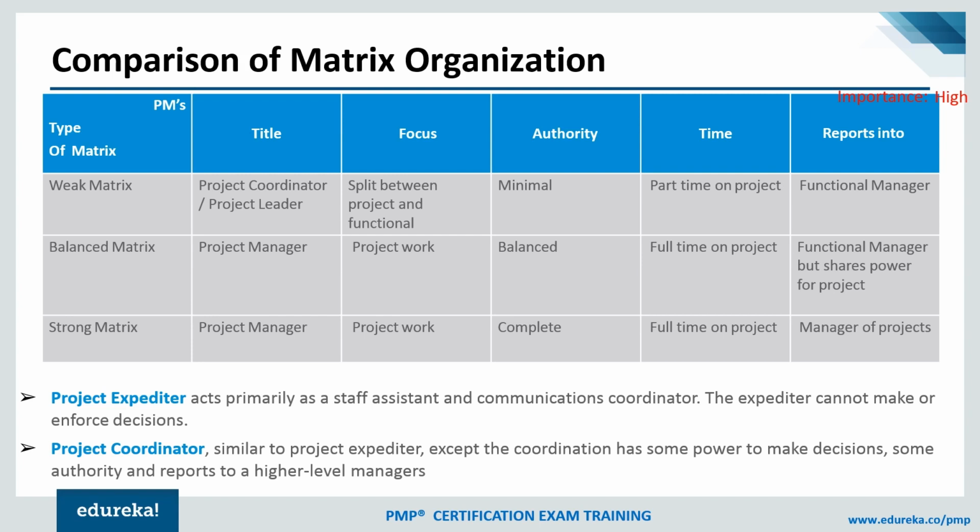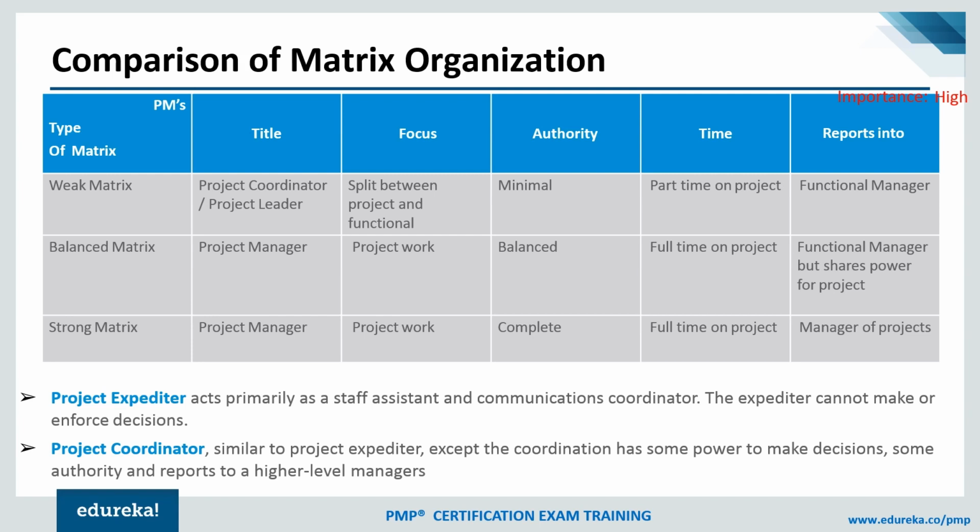But for which resource is going to work, he will have to take approval from the functional manager. So the authority is balanced, and the time spent on the project will be full time. The project manager will report to the functional manager, but he will share the power for the project.